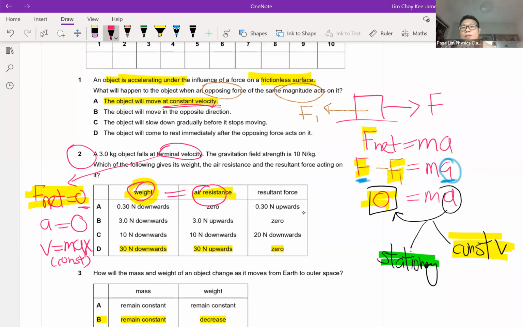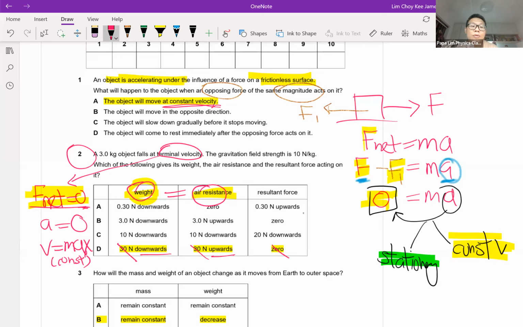The only thing that differentiates them is the direction. One is pointing downwards, one is pointing upwards. So they have to be of opposite direction and of the same magnitude. That's why the answer is D, and likewise, net force is 0, definitely this will fit the answer.